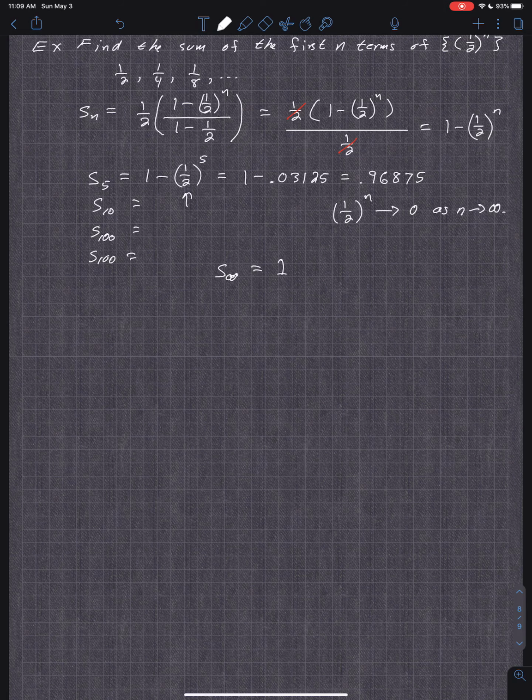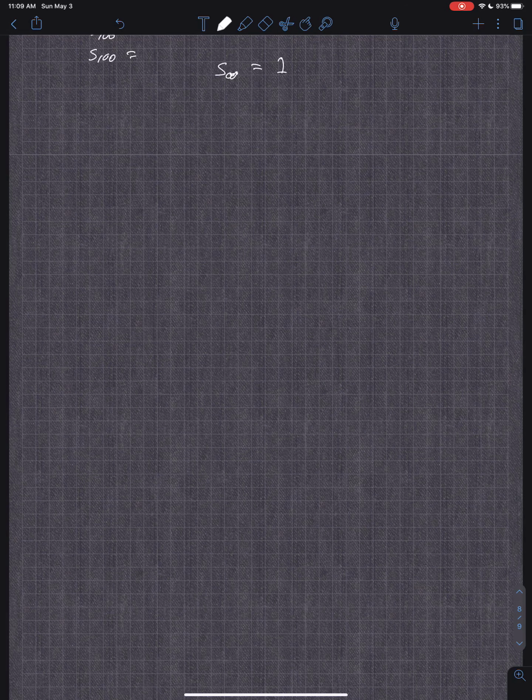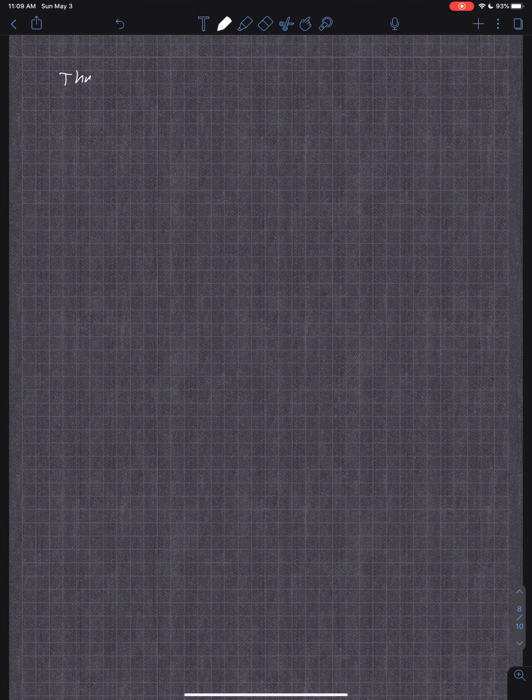So here is another theorem. We'll just go on to this page. It's fine. Okay, so here's a theorem. It says if the absolute value of r is less than 1, then the sum of a sub 1, the first term, times r to the k minus 1, as k goes from 1 approaching infinity, converges, meaning it's not infinite.